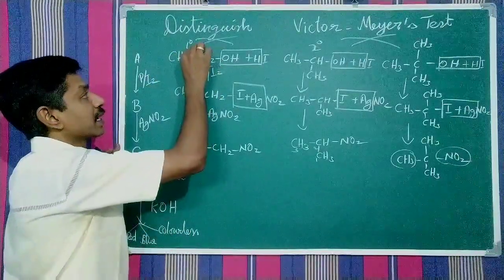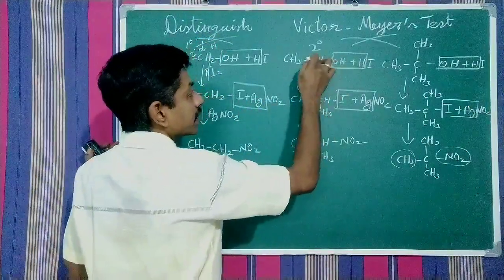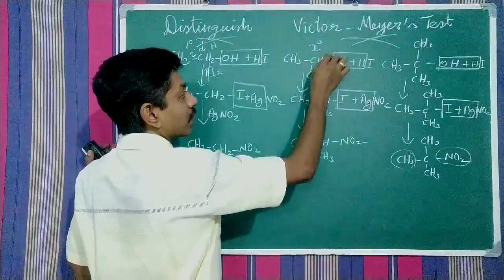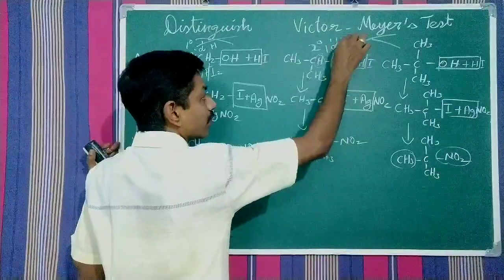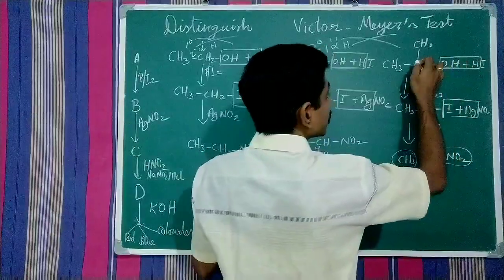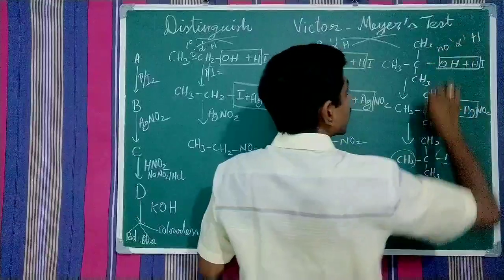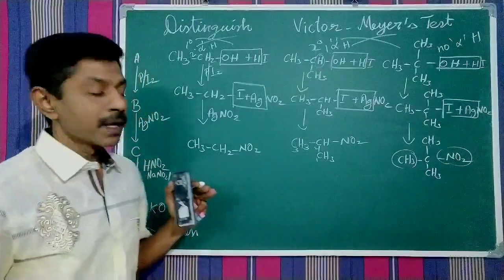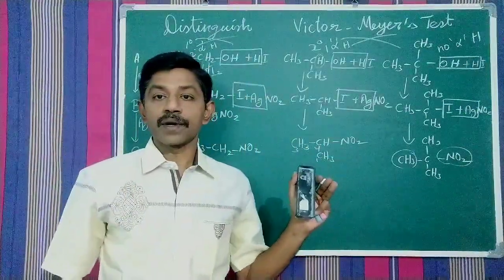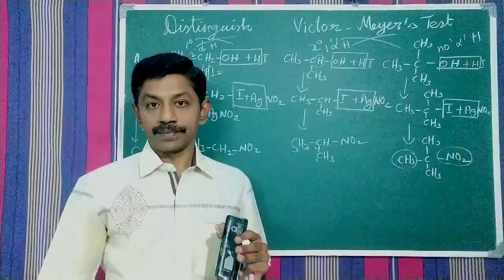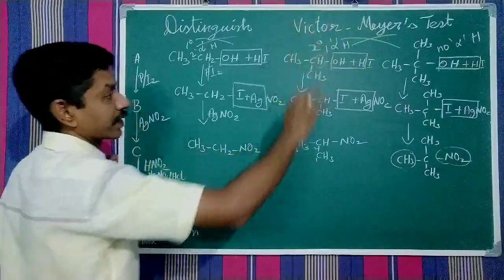So primary alcohol will carry 2 alpha hydrogens, whereas secondary will carry only 1 alpha hydrogen, and tertiary has no alpha hydrogen. This is the area you have to understand carefully. So primary, secondary, tertiary are differentiated with respect to the number of alpha hydrogens: 2 alpha hydrogens, 1 alpha hydrogen, no alpha hydrogen.